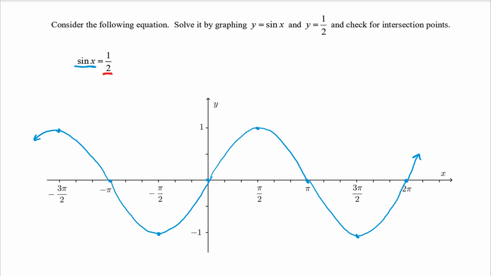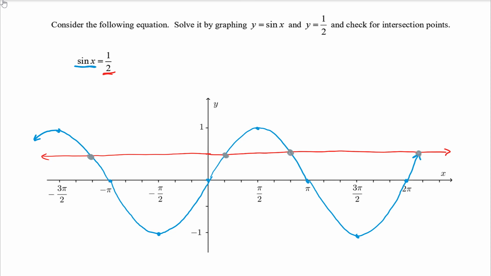Now let's go graph y equals 1/2, which is right here. So here's where y equals 1/2. Well, as we can see, these are going to intersect right here, right here, right here. They would intersect again right here.